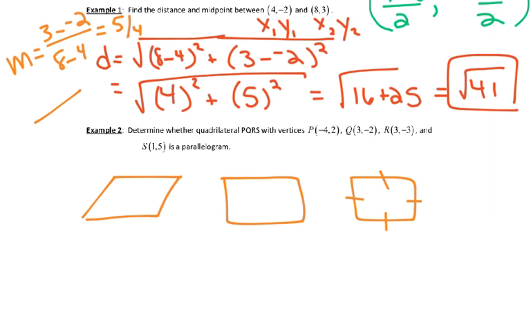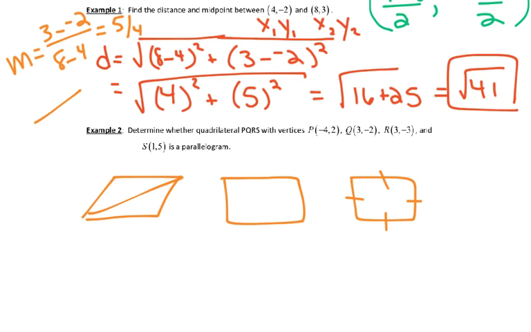A square is also a parallelogram. In a parallelogram, the opposite sides of the shape are congruent. Opposite angles are congruent. A rectangle and a square are special types of parallelograms. The diagonals of a parallelogram bisect each other.